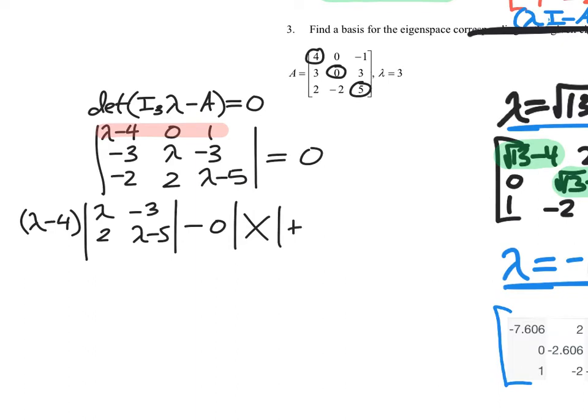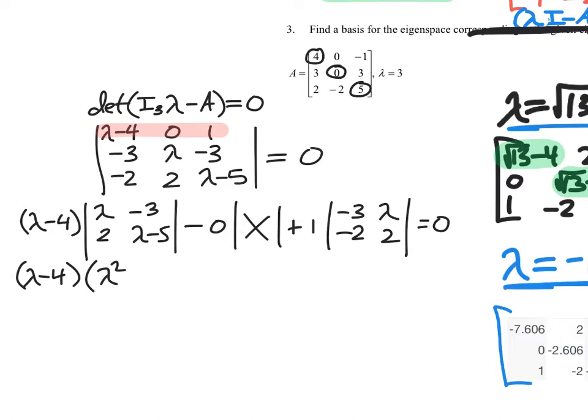Plus, the last one would have a coefficient of 1. If I remove the row and column that contains the 1, I have negative 3, lambda, negative 2, and positive 2. Now all I have to do is not screw up the algebra. For me that's easier said than done. So lambda minus 4 is multiplied by this determinant, the diagonal down product minus the diagonal up product: lambda squared minus 5 lambda, minus a negative 6, so plus 6.